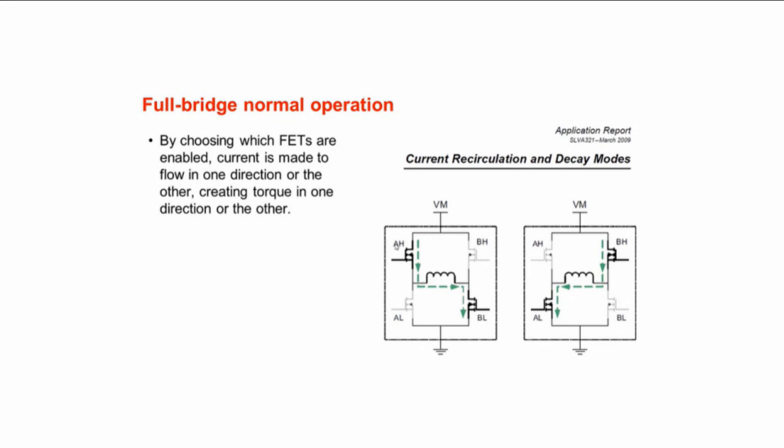Okay, so we are going to take a look at various pieces of motor drive, and in this diagram, this represents the winding. This is the part of the winding.